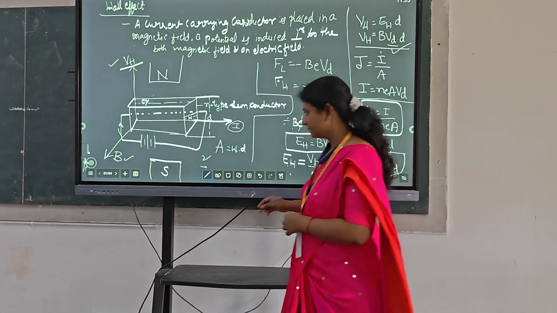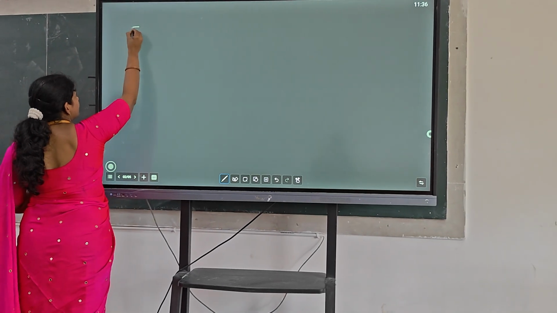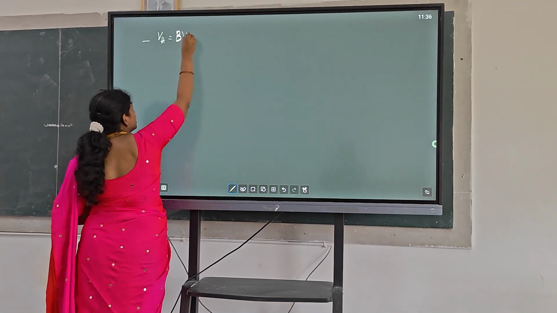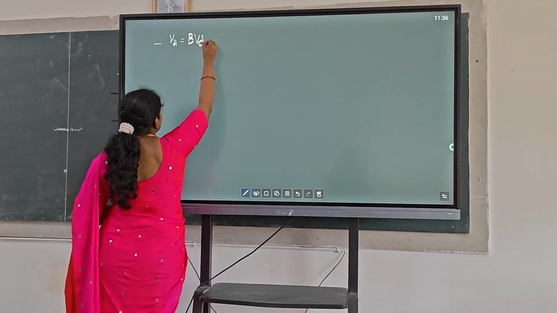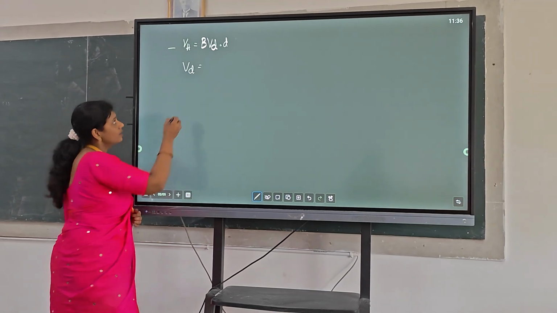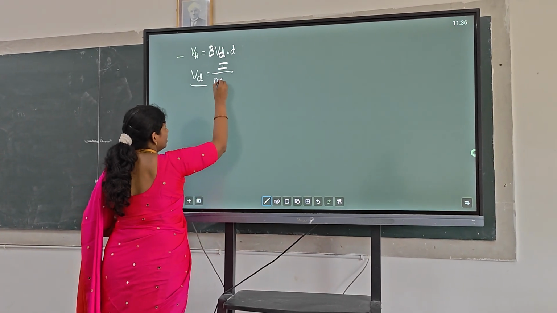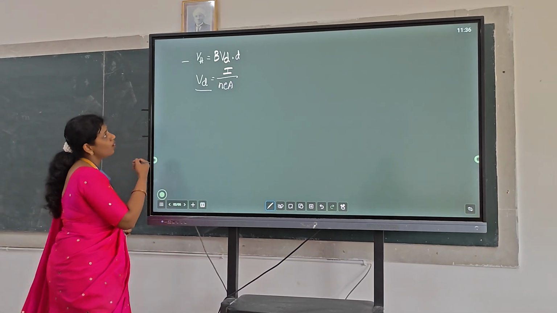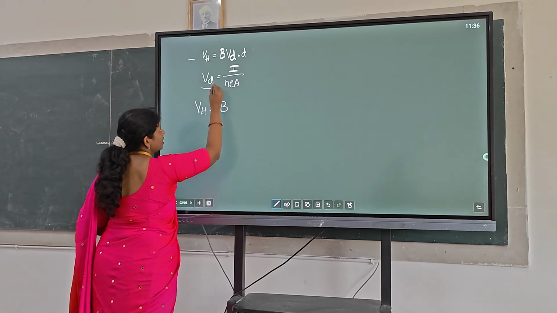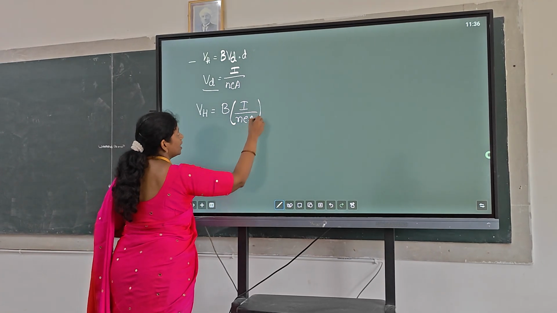So we got VH is equal to BVD into D, and we got VD, the drift velocity, equal to I divided by NEA. Substituting this value of VD, VH is equal to B into I divided by NEA into D.